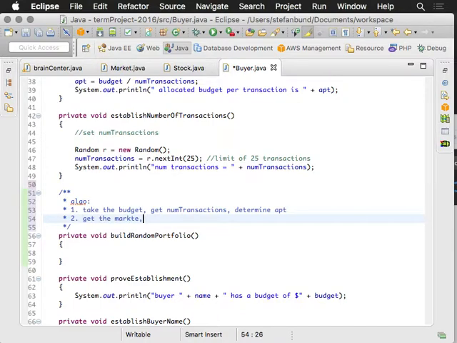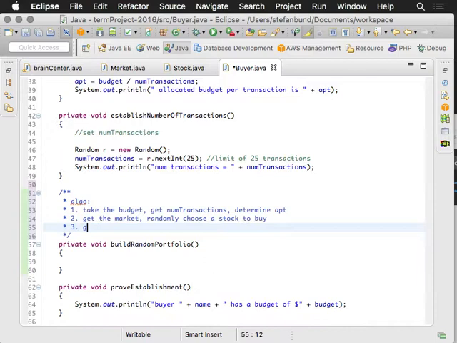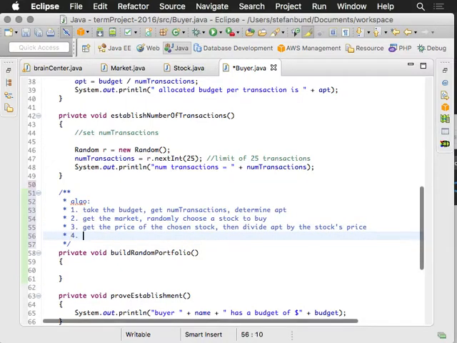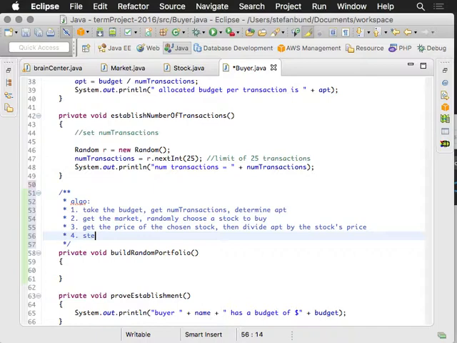get the market, randomly choose a stock to buy. Get the price of the chosen stock, then divide the allocation per transaction by the stock's price. Step 3 provides a volume of stock, or a number of stock, to buy.